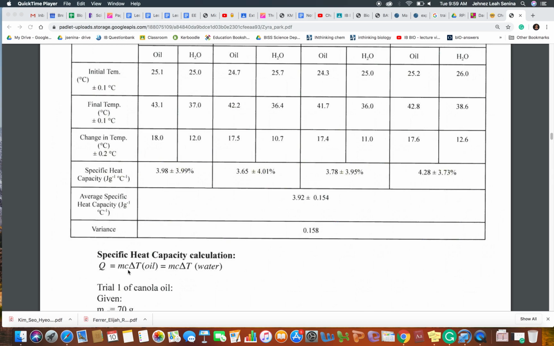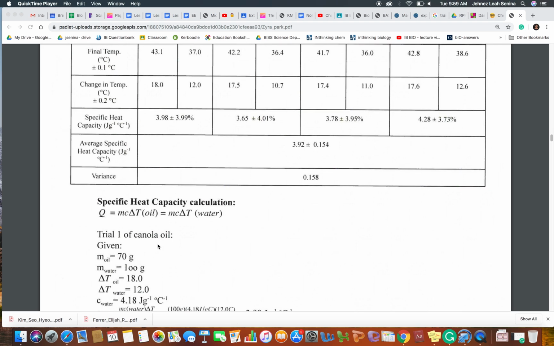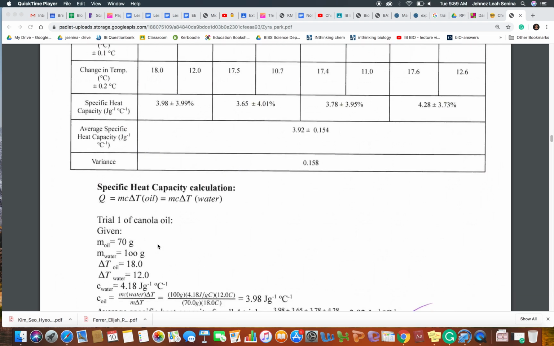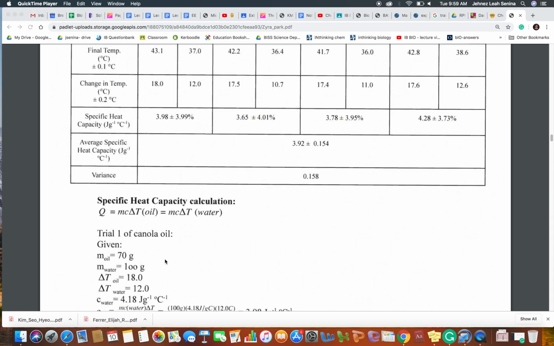Okay, let's hold up for a minute. Do you know how she measured this? Why do I need the temperature change of water? Like this formula right here.